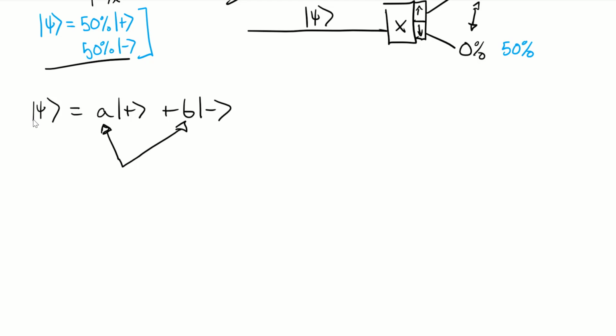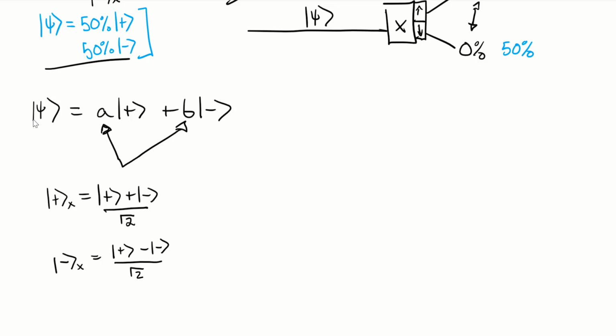So last class we discussed, we got to the point where our spin up in the x direction was a superposition of our spin up and down in the z direction. And we also showed that the spin down in the x direction was a superposition of those spin up and spin down in the z direction.